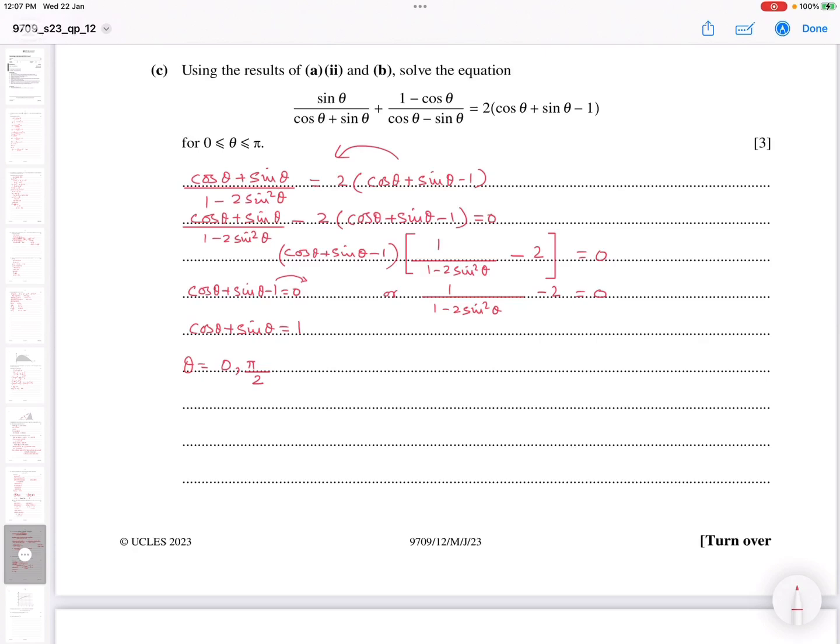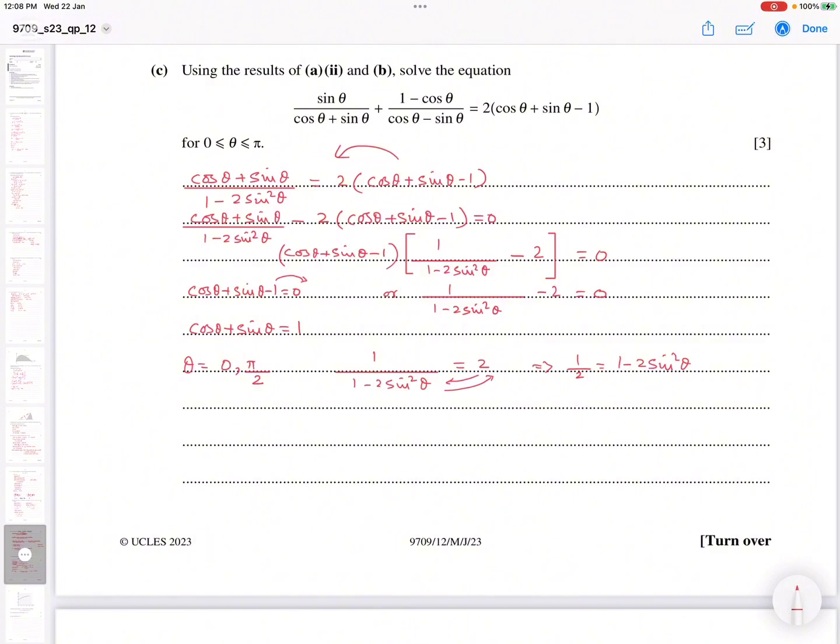And now come to the right side. 1 over 1 minus 2 sine square theta, and send negative 2 over there. Now bring 2 down and 1 minus 2 sine square theta up. So it becomes 1 over 2 equals 1 minus 2 sine square theta.